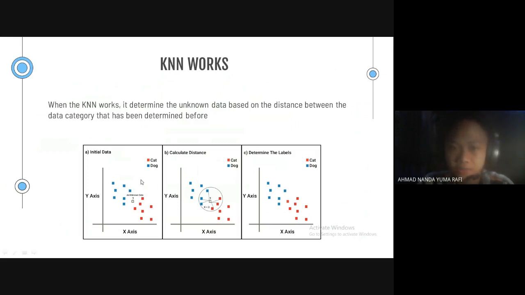For example, in calculating distance, here we determine that k is 3. After determining, as you can see, because the cat label is nearest, the new data is categorized as cat.